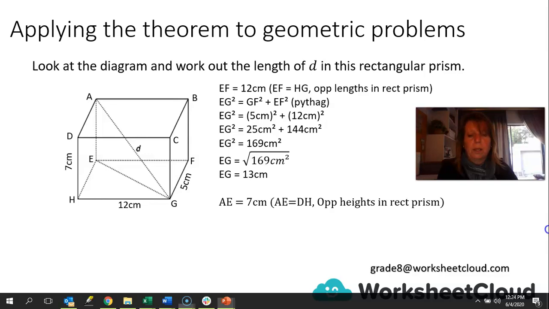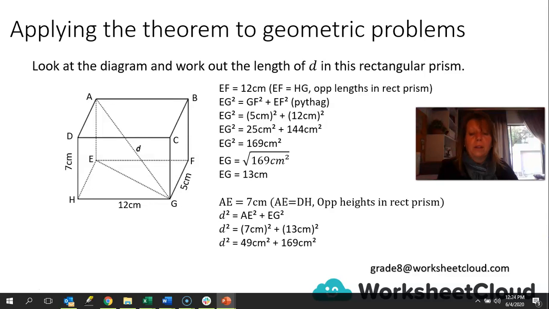Let's work out D. So D squared is equal to AE squared plus EG squared. D squared we are working out, so we can leave that there, and AE is 7 centimeters and EG is 13 centimeters. So 7 centimeters all squared gives me 49 centimeters squared. 13 centimeters all squared is going to give me 169 centimeters squared.